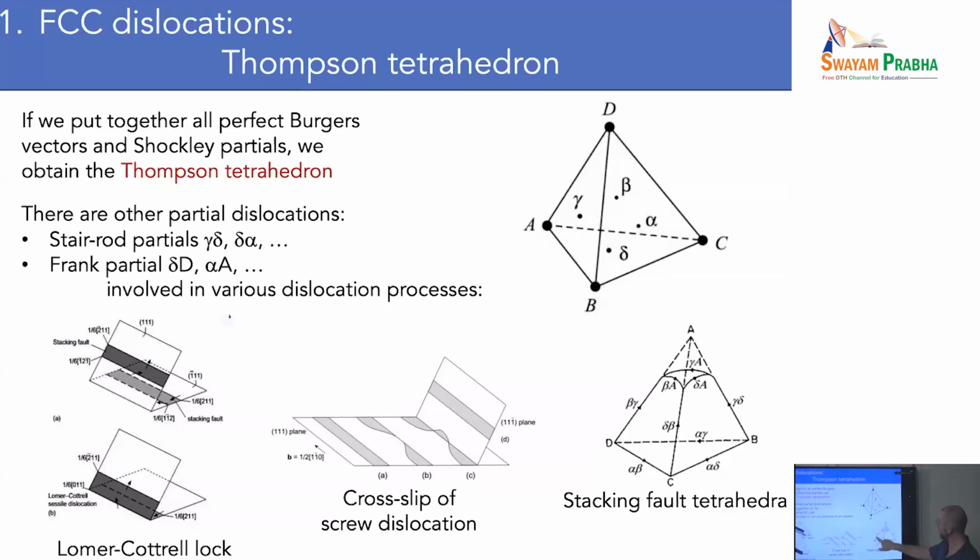That induces the segments to dissociate and go up along the 1-1-1 plane, and it forms a tetrahedron where you have stacking faults on every face, and Lomer-Cottrell locks or rods on every side of that triangle. So it's a very stable vacancy defect that you see with irradiations, for example.